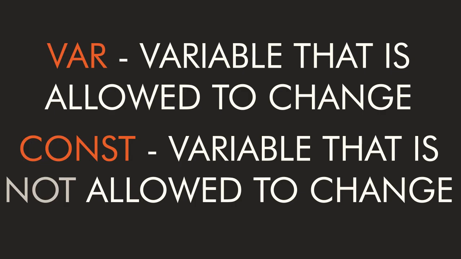So now let's talk about var and const. These are keywords in GDScript, and in most programming languages, that allow you to create variables, right? The interesting thing is that both var and const technically create variables, which might be confusing.